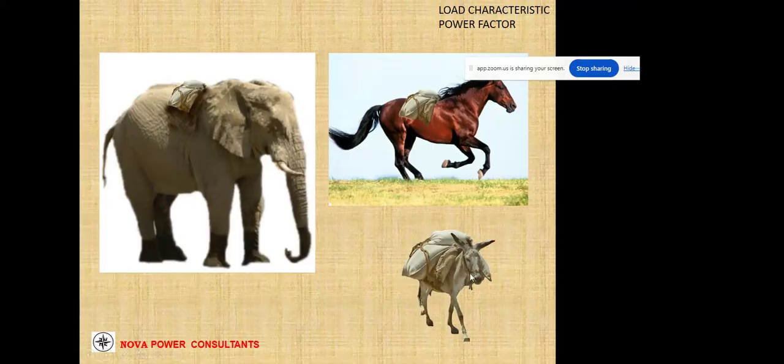If you see this one, the donkey is overloaded, whereas the horse's speed and the load proportion are absolutely okay. There is no problem. But for this 5 kW pump, we are using a 25 HP motor as prime mover. So this is not economical. The power factor of this system is less.